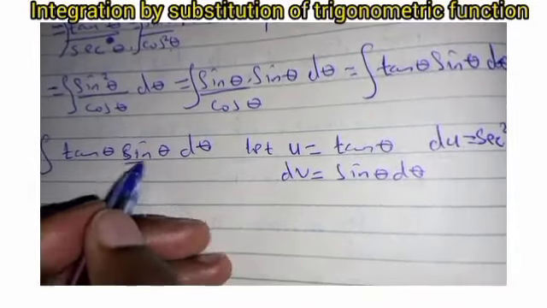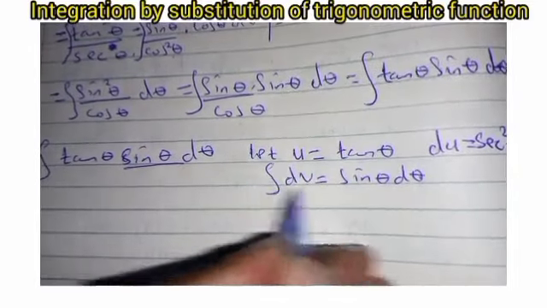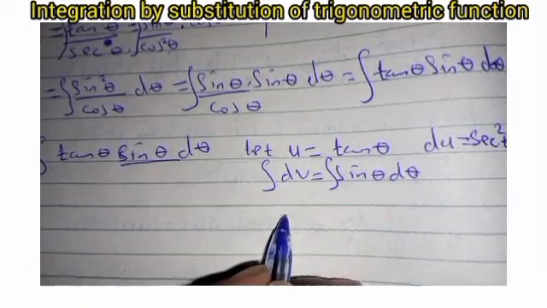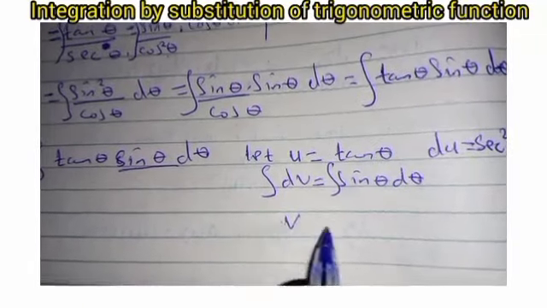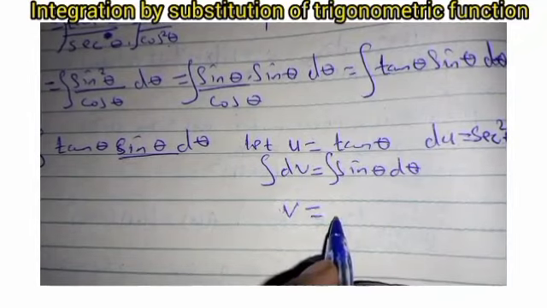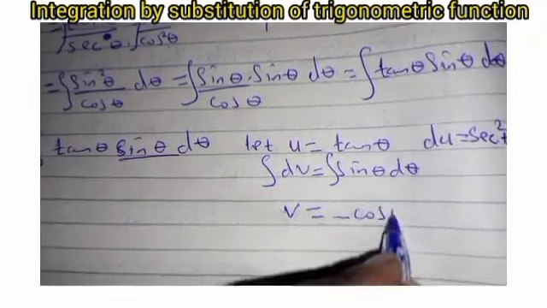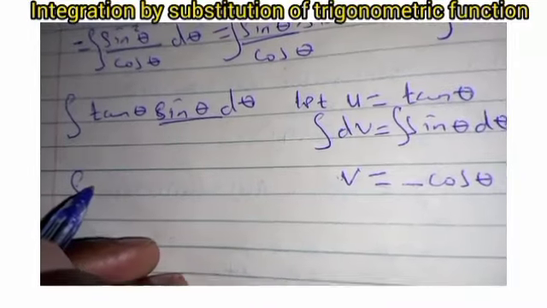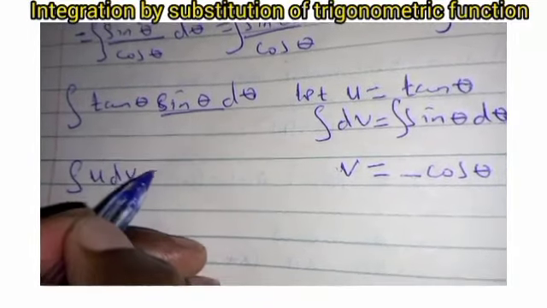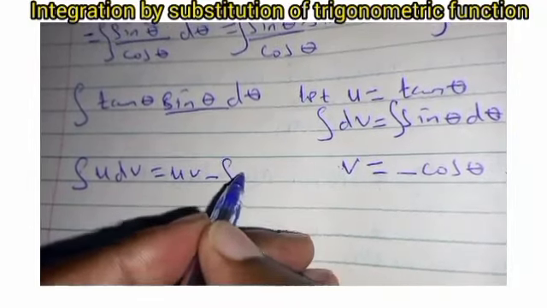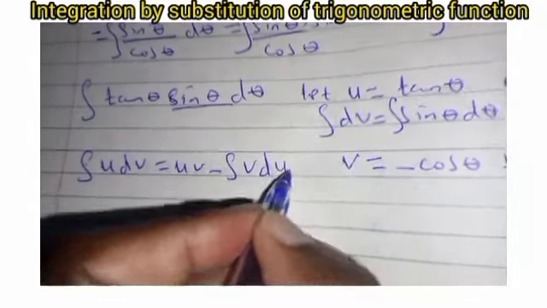This part here. So integrate both sides. Integral of the derivative of v is v. Integral of sin theta is negative cos theta plus a constant. Integral of u dv is equal to uv minus integral of v du.